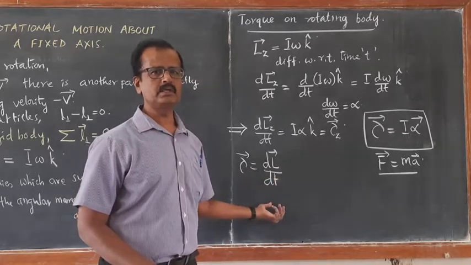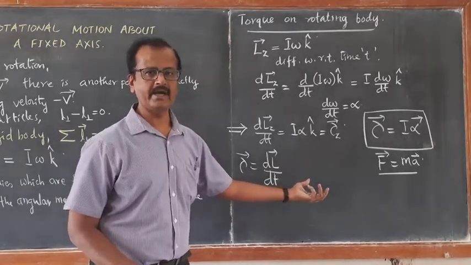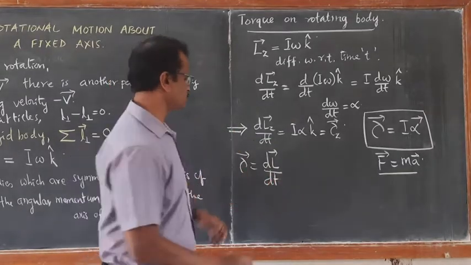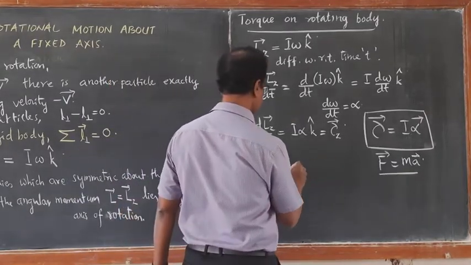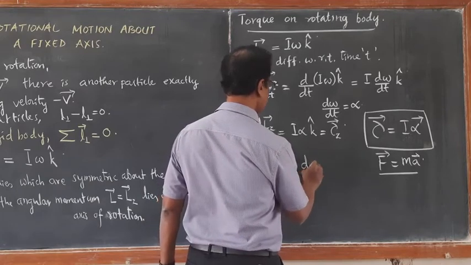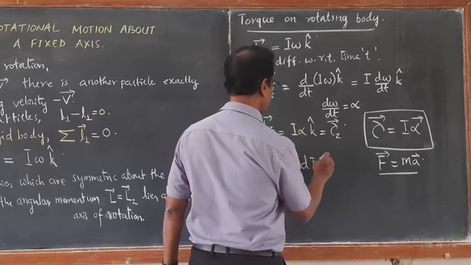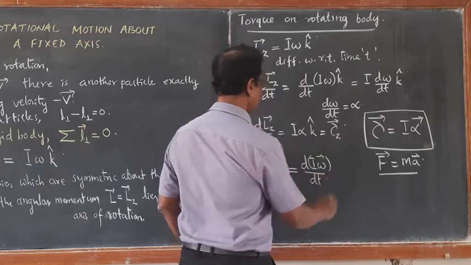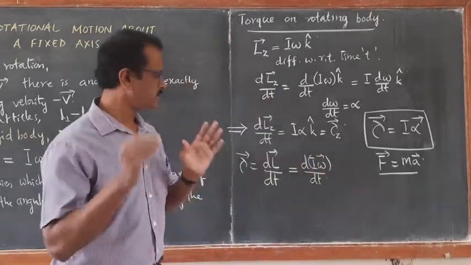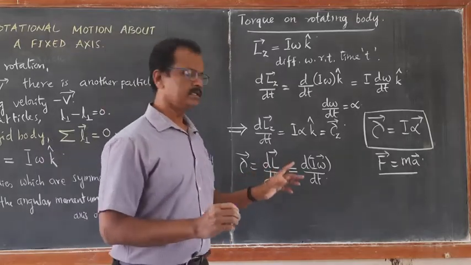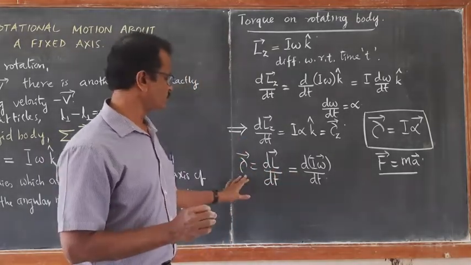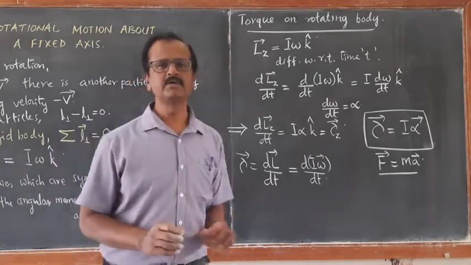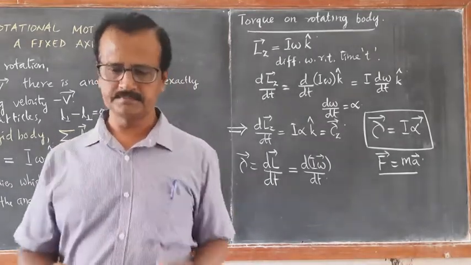That leads to what is known as conservation of angular momentum, which is a very interesting thing that we are going to see. So d by dt of I omega is 0, and the product I omega, or L, remains constant when there is no external torque.